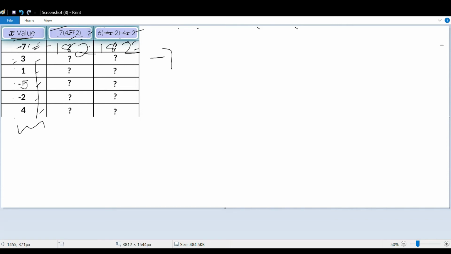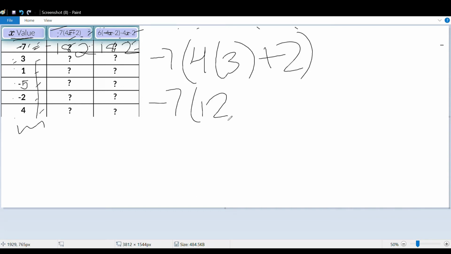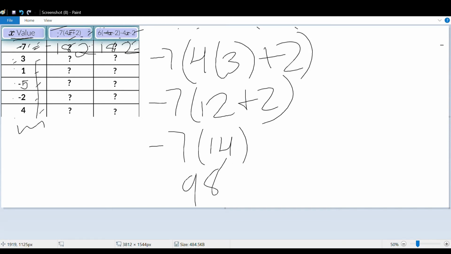So that's -7 times 4 times 3 plus 2. That's -7 times 12 plus 2, -7 times 14. And -7 times 14 gives us a grand total of 98. Okay, so if we put 3 into that equation, it gives us 98.